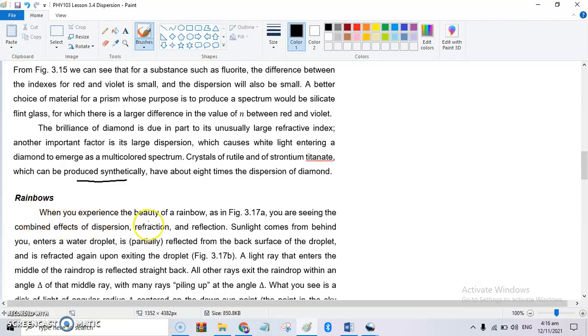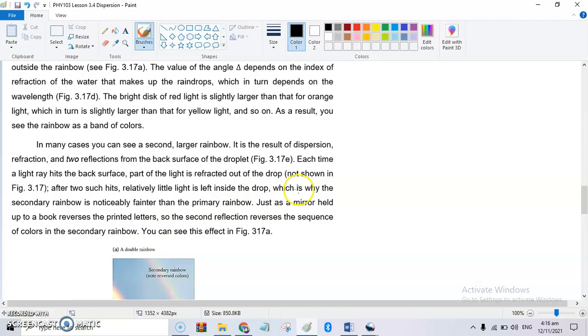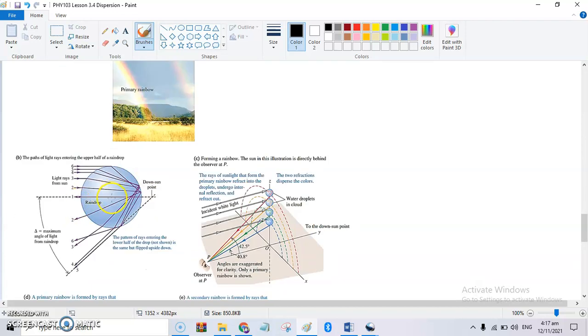Rainbows. When you experience the beauty of a rainbow, as in figure 3.17a, you are seeing the combined effects of dispersion, refraction, and reflection. Sunlight comes from behind you, enters a water droplet, is partially reflected from the back surface of the droplet, and is refracted again upon exiting the droplet. Figure 3.17b shows the paths of light rays entering the upper half of a raindrop.